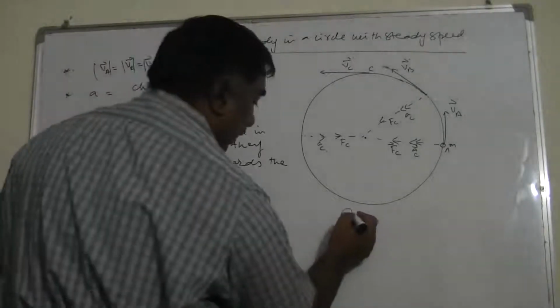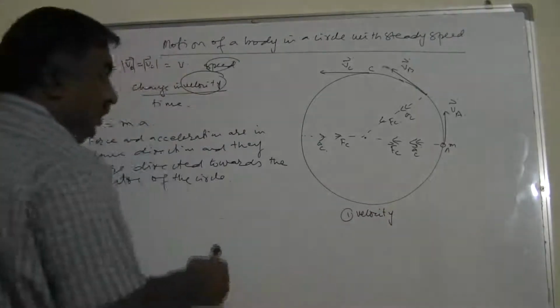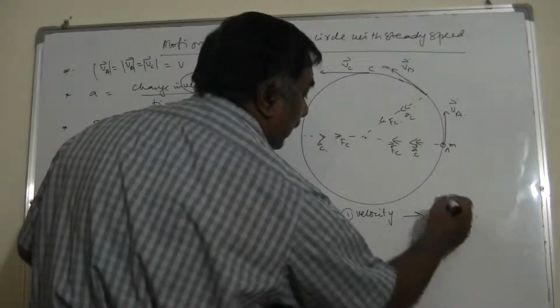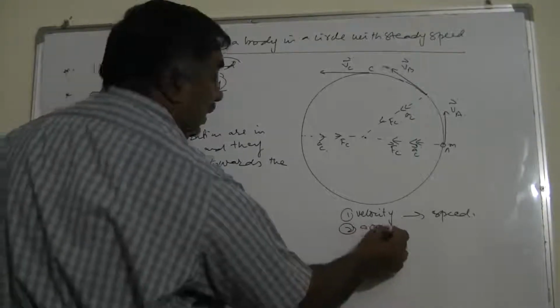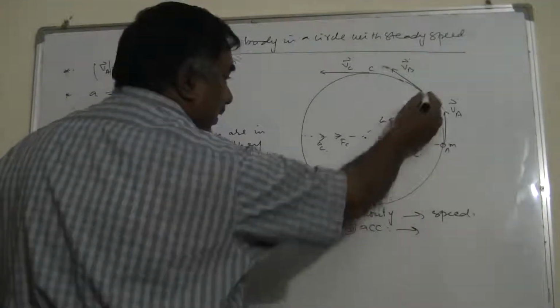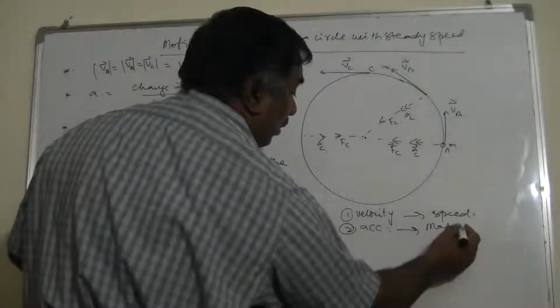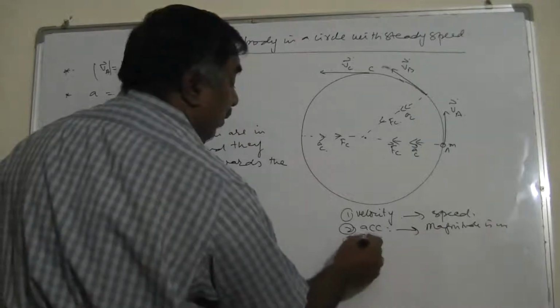First one is the velocity. Velocity changes, but its magnitude, which is speed, is constant. Similarly, acceleration is changing due to change in direction. At different points it has a different direction, but its magnitude remains constant. Similarly, the other thing is force.